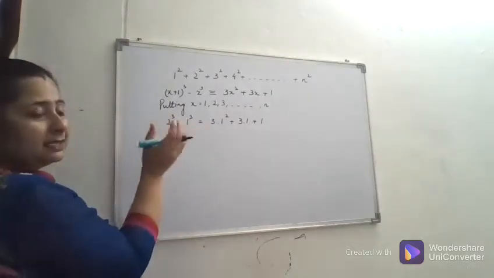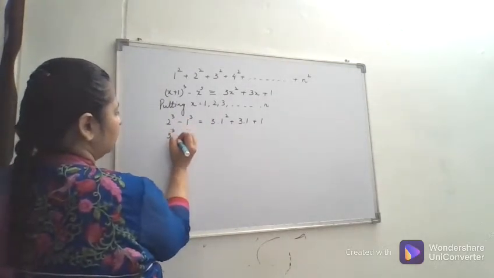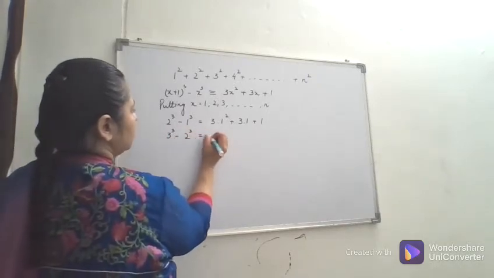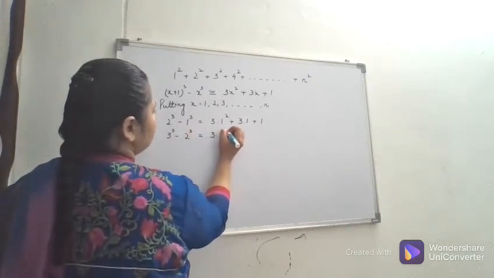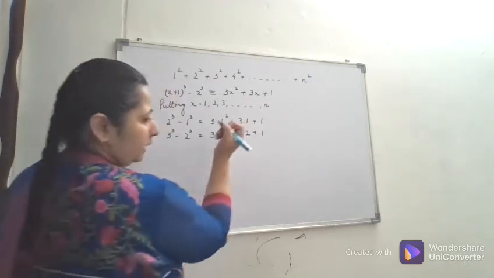Similarly, when we put x equal to 2, we get 3 cube minus 2 cube is equal to 3 into 2 square plus 3 into 2 plus 1.